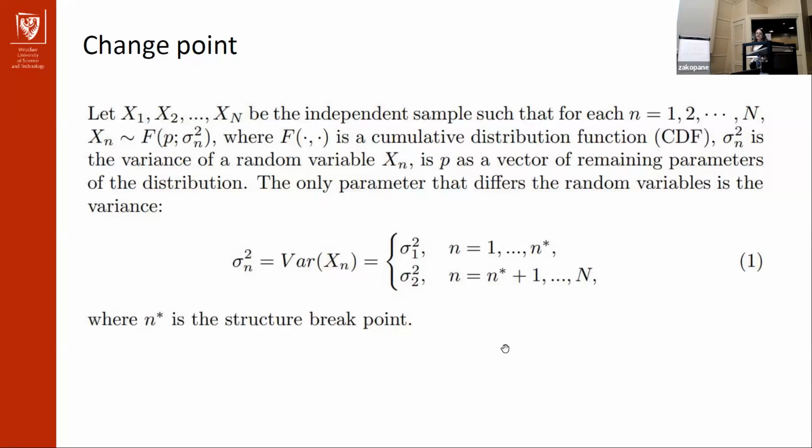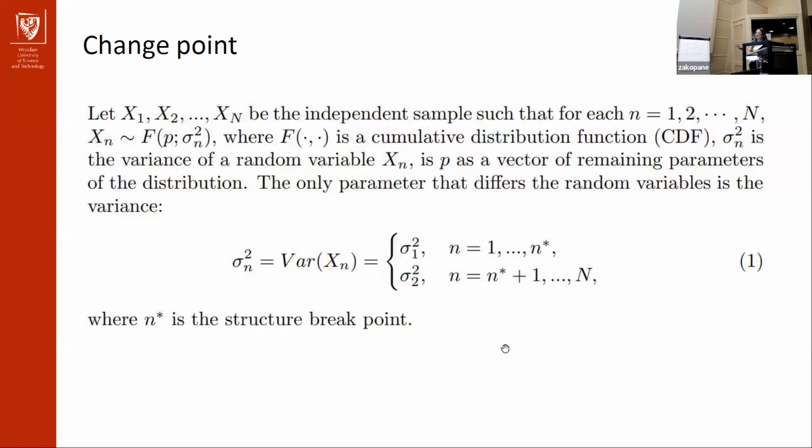What does change point detection mean in my work? We assume that we have a sample of independent random variables from some distribution, and the only parameter that differs between the random variables is the variance.